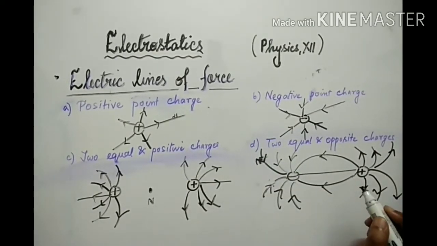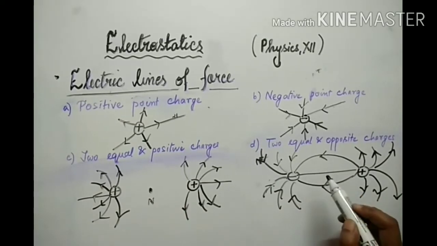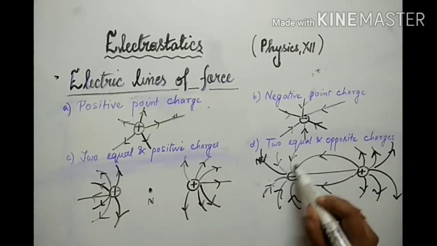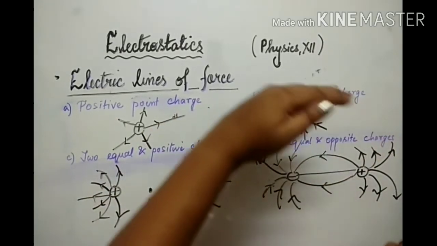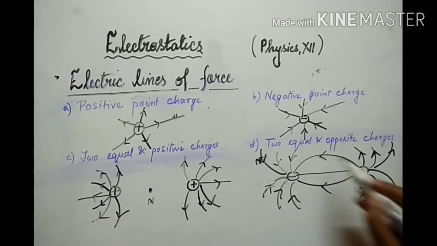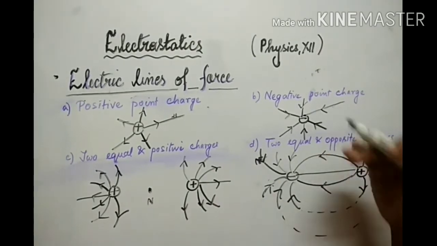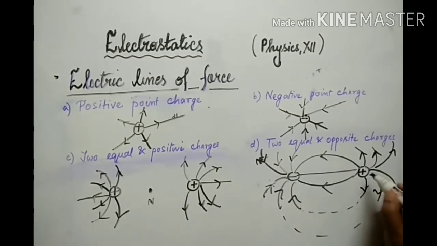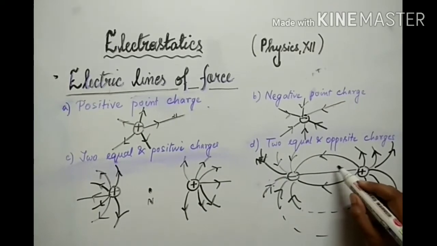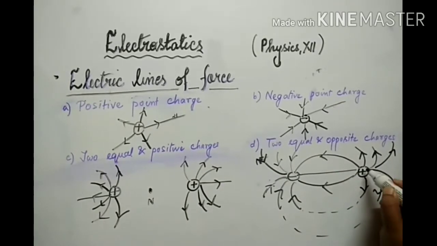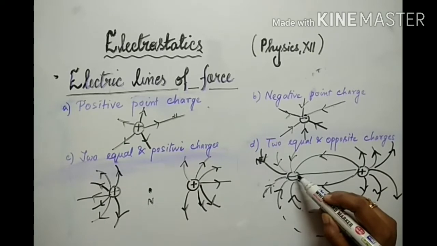So when the charges are unlike, the lines of force have a tendency to contract lengthwise. You see all the lines of force are getting contracted along the length. Another thing, the lines of force are starting from the positive charge and ending at the negative charge.